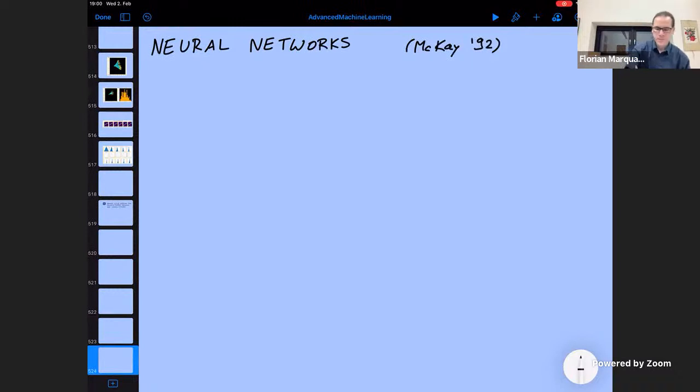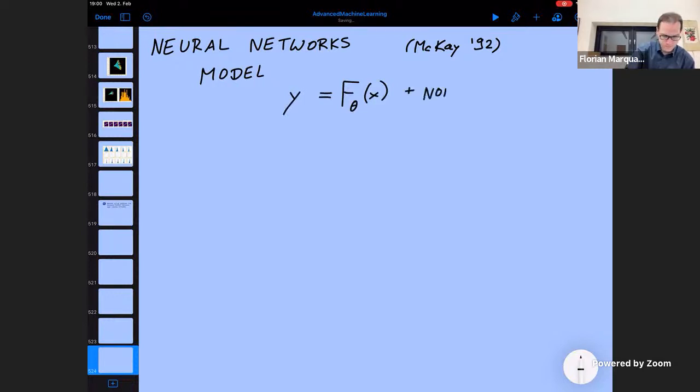So now our model is really an arbitrary neural network. So f_theta(x), that's, so to speak, our model, gives some y, but the y is this f_theta(x) plus some noise. Now the noise, again, I want to assume being Gaussian and have some spread sigma, just like before, same thing.